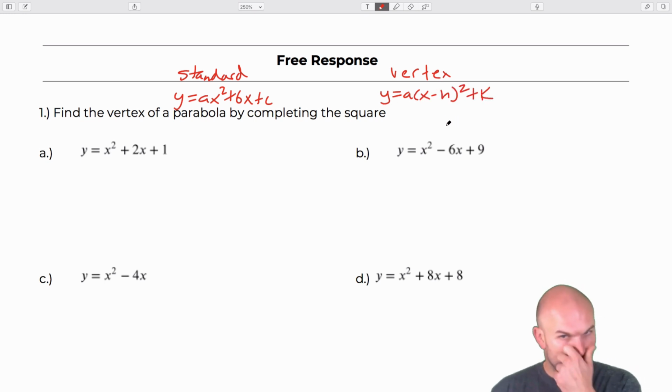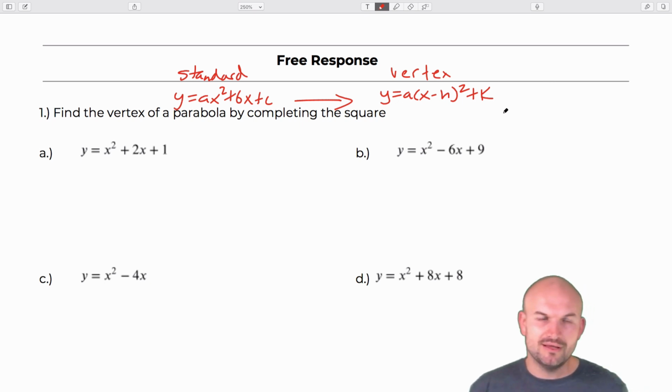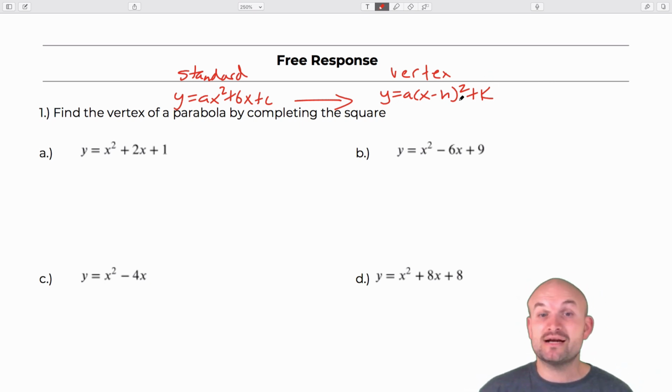All right, so here are the forms that we are provided, and we basically want to go from standard to vertex form. The idea here is what we did in lesson 2 in chapter 2: we want to create a binomial squared. There is only one type of polynomial that creates a binomial squared, and that is called a perfect square trinomial.